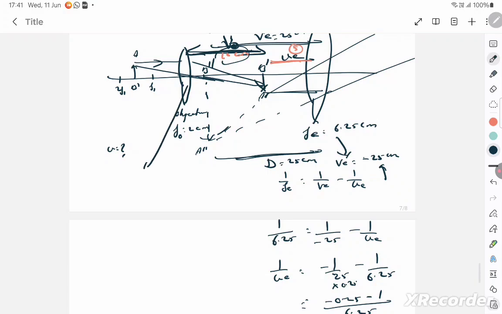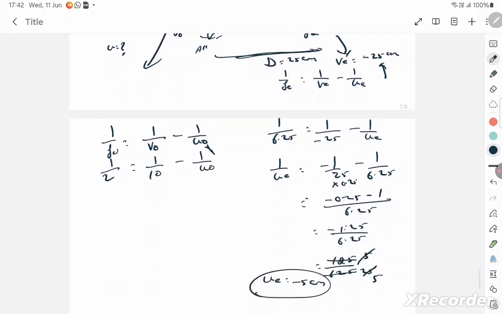And you take the focal length of the objective. 1 by FO is equal to the lens formula 1 by VO minus 1 by UO, and you want to find UO. VO is 10, and FO is the focal length of the objective, which is given to be 2, and the focal length is positive because it is a convex lens.